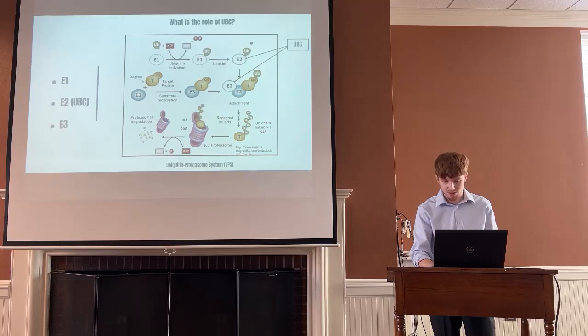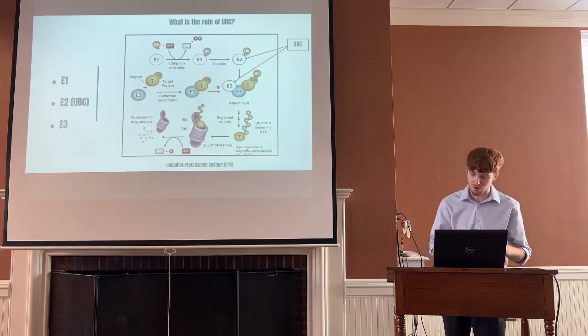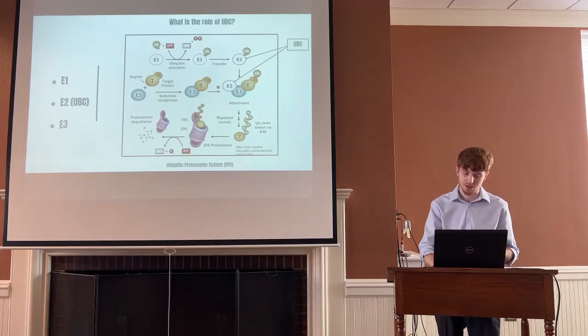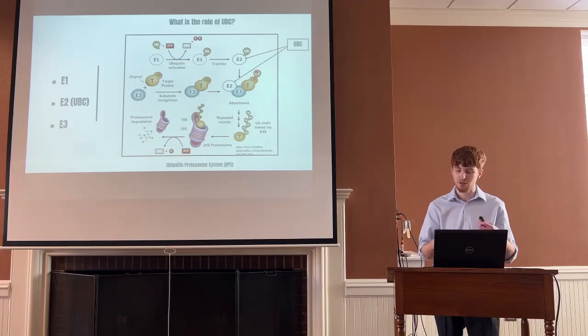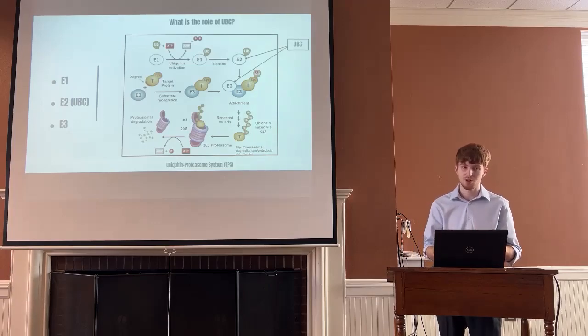And UBC is an E2, which stands for ubiquitin conjugating enzyme. And then the E3 allows the target proteins, as you can see here, to be marked for degradation, and that helps attach the ubiquitin to these target proteins to be ultimately degraded by the proteasome.